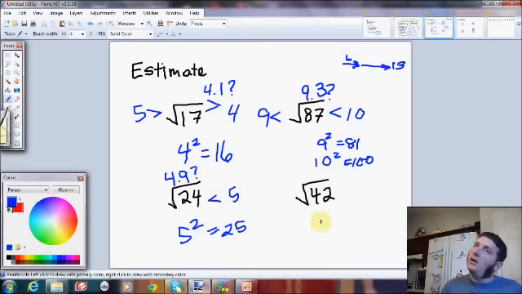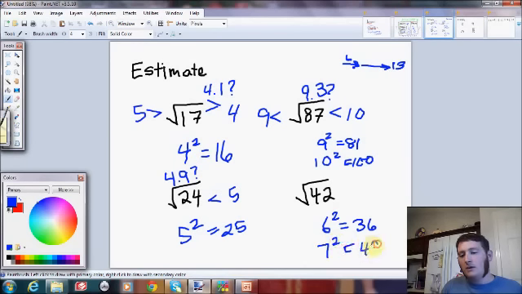Now for this one, the square root of 42. You stop and think about squares, and then you hopefully come up with 6 squared is 36, and 7 squared is 49. So how's 42? Well, it's obviously between 6 and 7. The square root of 42 is between 6 and 7. So it's 6 point what?